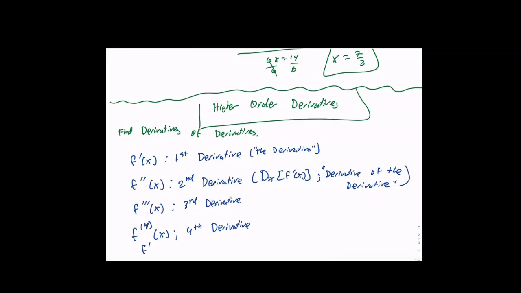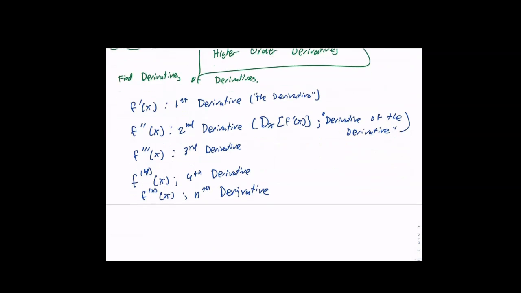So we will say f to the n, and that's the nth derivative. All you've got to do is take the derivative and continue the process. And the rule, remember, when you hear derivative, you're just thinking derivative rules.